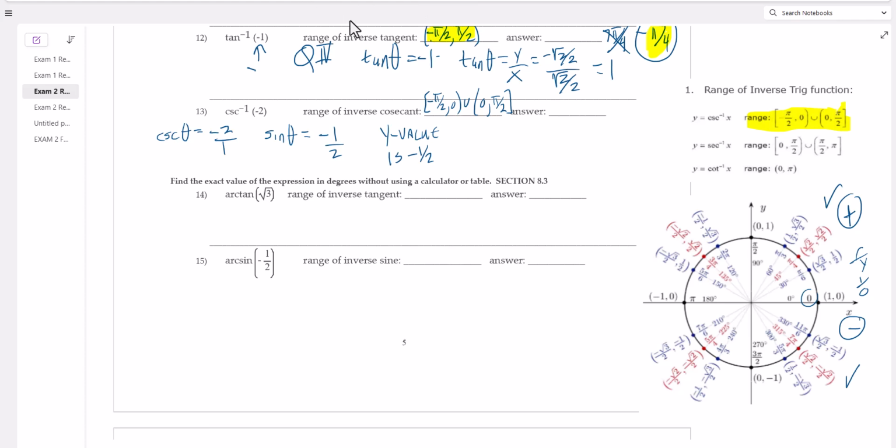And it's got to be on this range, so that is happening right here. But again, common mistake, you cannot use 11 pi over 6 because that's outside of the range, so you must go with a negative angle, and that's negative 30, so that's going to be negative pi over 6. Okay, so that's how you make that determination on that problem.